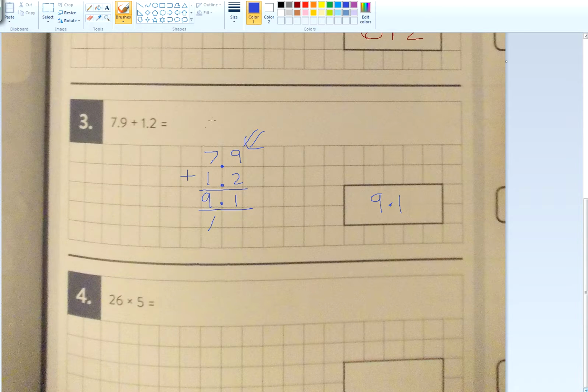Let's go to the next question. You have 26 times by 5. So I'm going to write it over here. That color is a little bit too light, so let's go for black. Give me a second, folks. Can you see that clearly?